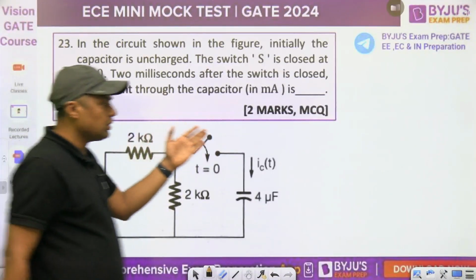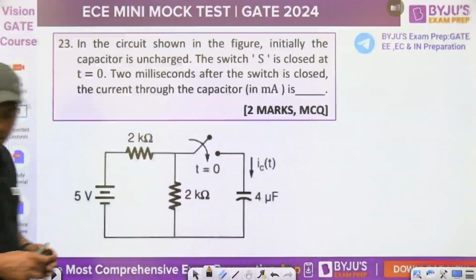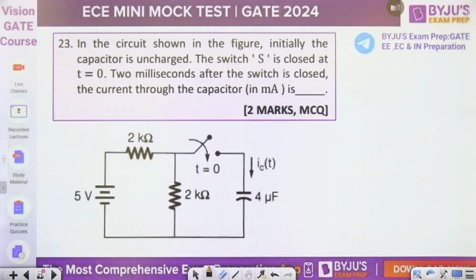What is the current through the capacitor? You have to find it. Now, give effort. Try to solve this question. Use your rough copy and pen and calculator, guys.